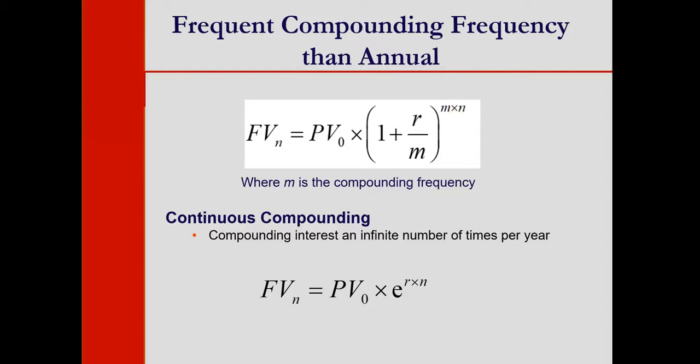The compounding frequency can be quarterly. If it is quarterly, that means compounding is taking place 4 times in a year. And then the rate would be 10 divided by 4, which is 2.5%. For the number of periods, let's say the time period is 4 years, and every year compounding takes place 4 times. So the total number of times compounding takes place in 4 years is 4 times 4, which is 16.